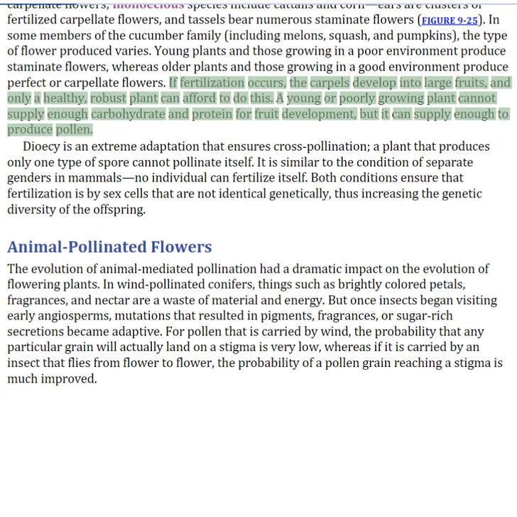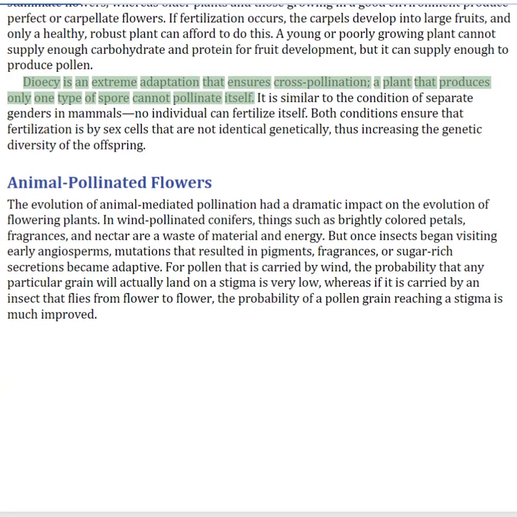If fertilization occurs, the carpels develop into large fruits, and only a healthy, robust plant can afford to do this. A young or poorly growing plant cannot supply enough carbohydrate and protein for fruit development, but it can supply enough to produce pollen.